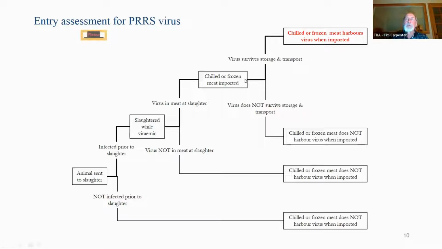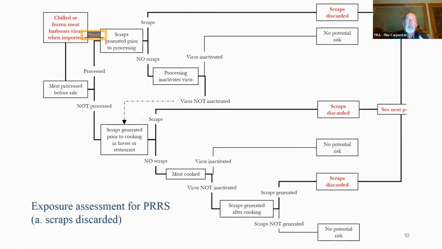However, if you chill the meat and unsuccessfully kill the virus, you're left with a situation where you have virus in the imported chilled or frozen meat. And at that point, we would focus on this situation here and move on to our risk exposure.